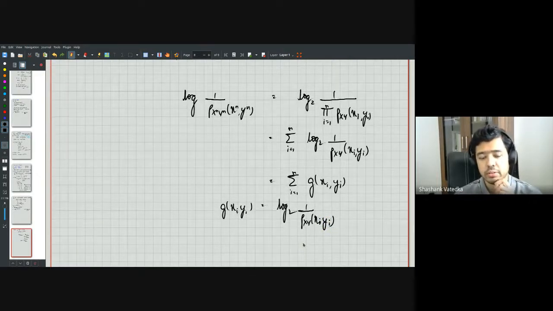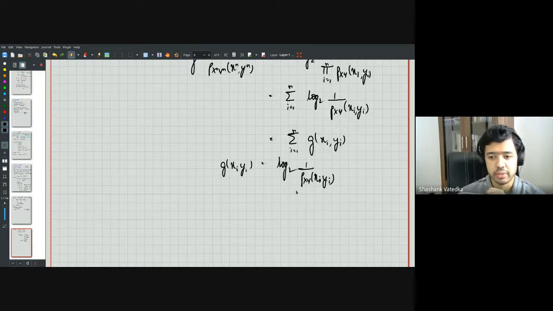All right. So I have this empirical average of g, and I know that by the typical averaging lemma, this is close to the true average.